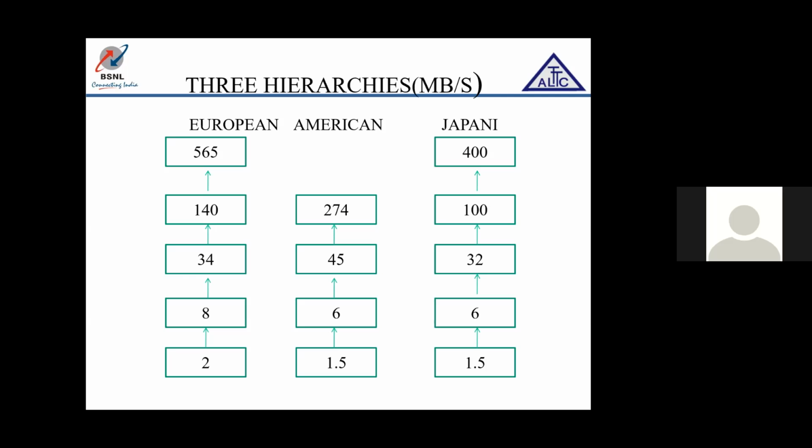So for the interconnection between different countries and different parts of the world, some interfacing devices were installed that were causing some delay. After implementation of SDH, all countries started working on one global standard. So this problem of different hierarchies in different parts of the world was also solved. We need a global standard.